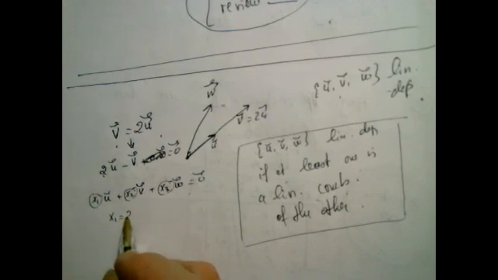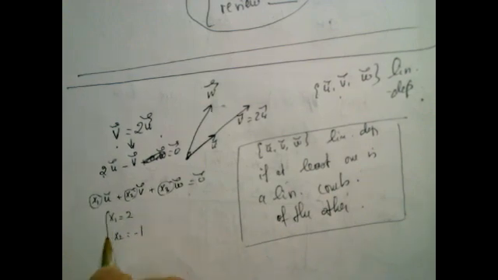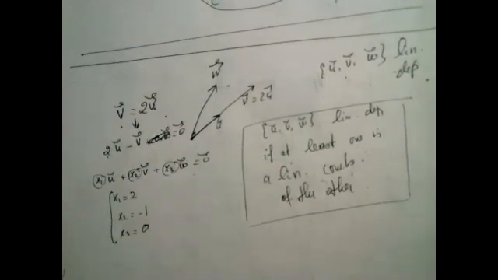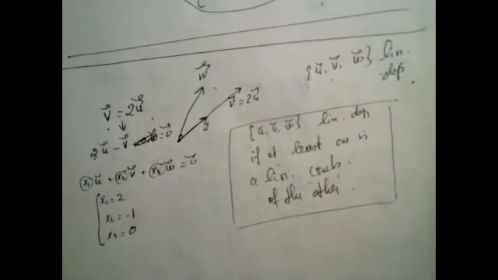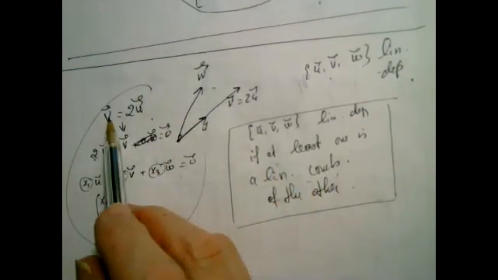You can take x1 to be 2, x2 to be minus 1. Can one of them be 0? Yes, one of them can be 0.